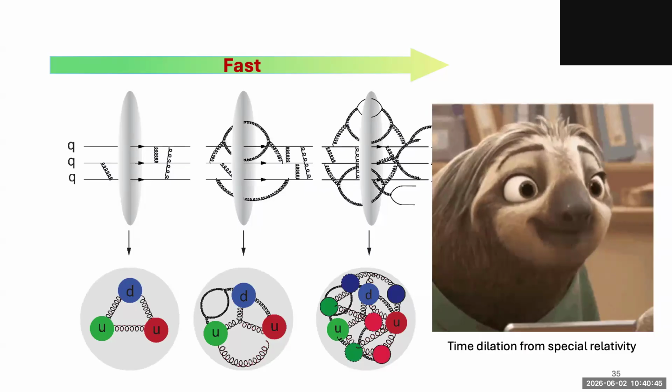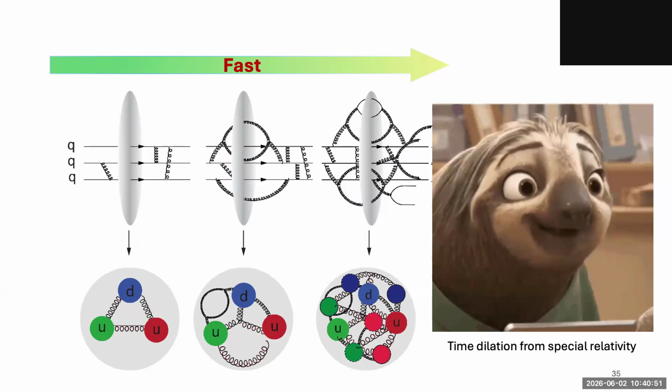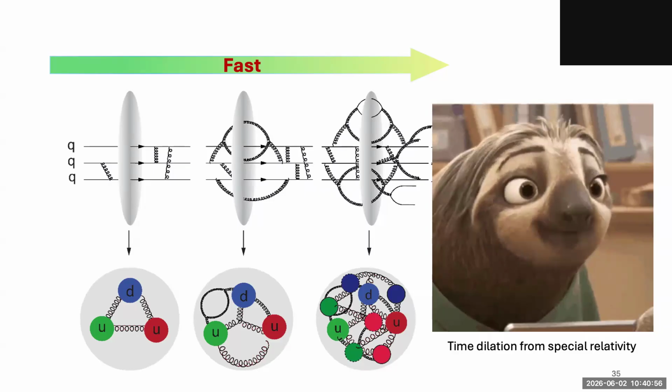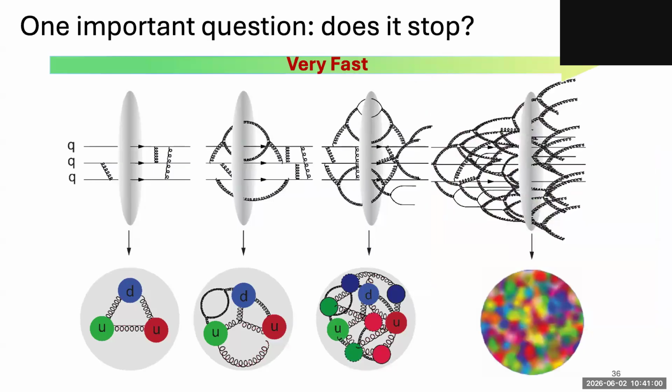Because it relates to the energy scale and also the time scale at which you're probing the proton. So it's not that the physical reality changes, it's how you change your probe. Then you see different things. Eventually, if you go to very, very high speed, you will see almost nothing but the gluons, right?